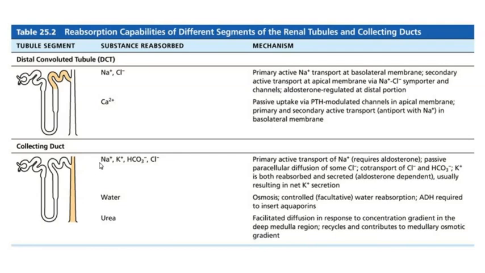Sodium transport across the collecting duct is also dependent on aldosterone, and it's an active transport process that requires those sodium-potassium pumps. Water is also reabsorbed at the collecting duct as well. The reabsorption of water is a process that's carefully controlled by antidiuretic hormone.